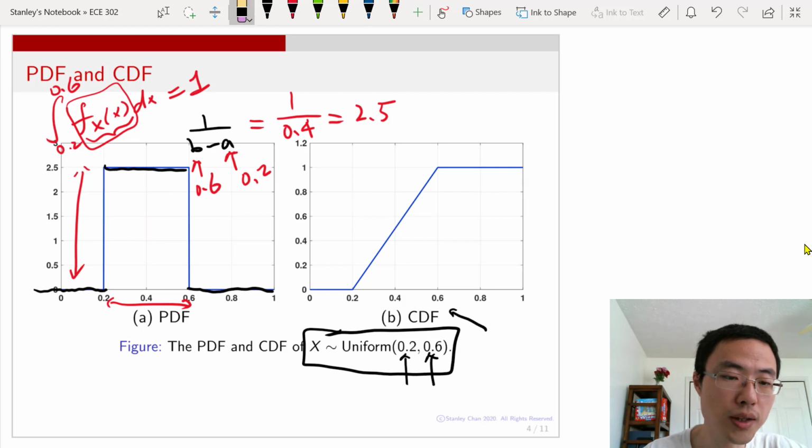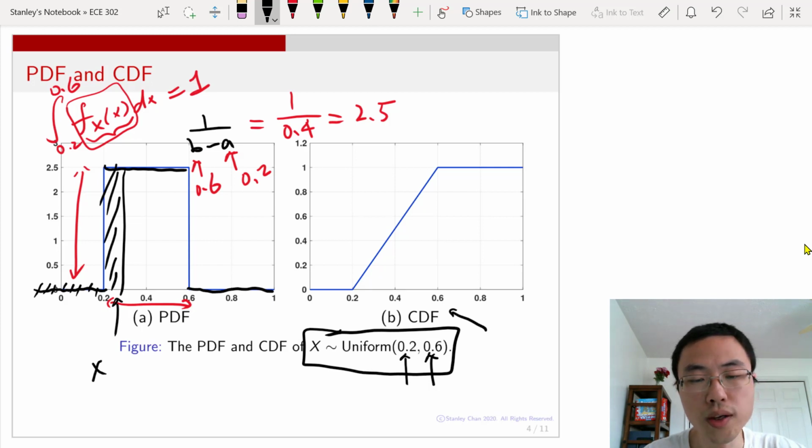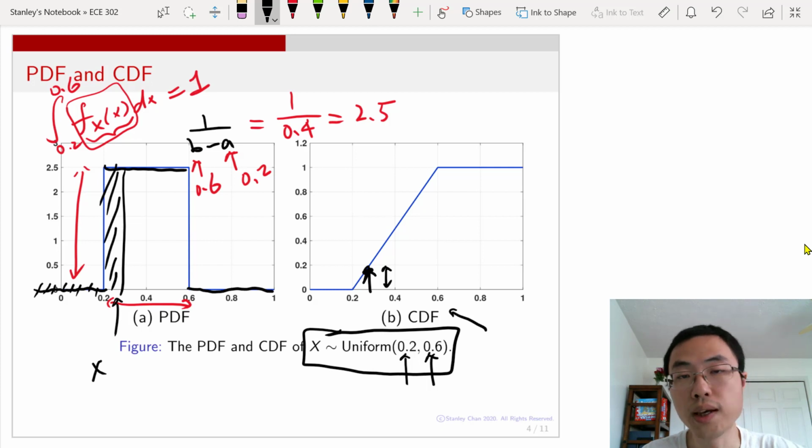The CDF of a random variable is the integration going from minus infinity up to a point that you're interested in. So let's say this is your x. You integrate all the way from minus infinity to this point. That will give you the CDF evaluated at x. And so that will give you a point somewhere here where this height will be the area under the curve from minus infinity up to the point x.